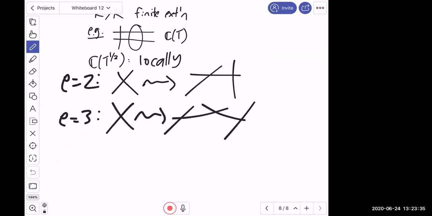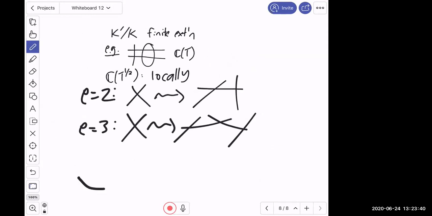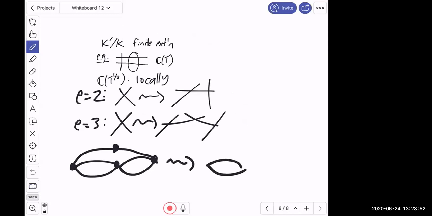And so what you see is that what's really happening is that your dual graph gets replaced by a subdivision of the original graph, where each edge is subdivided into E more edges. So let's say E was 2, just so I can draw it quickly. You would have this situation.